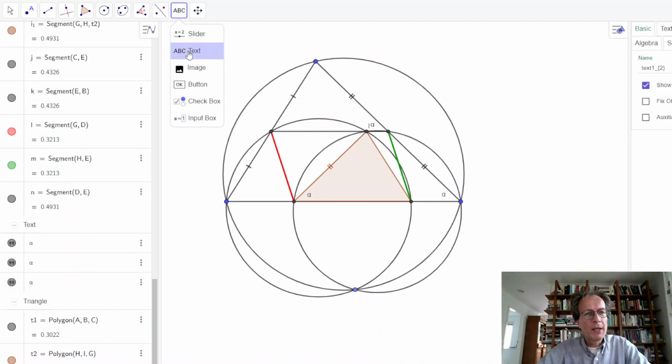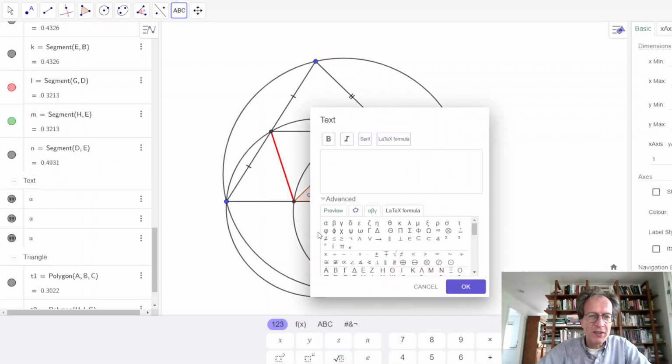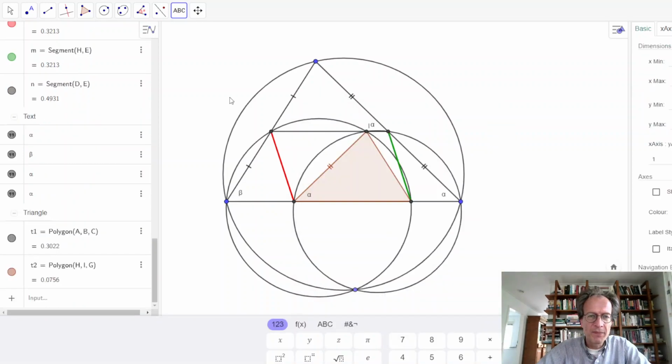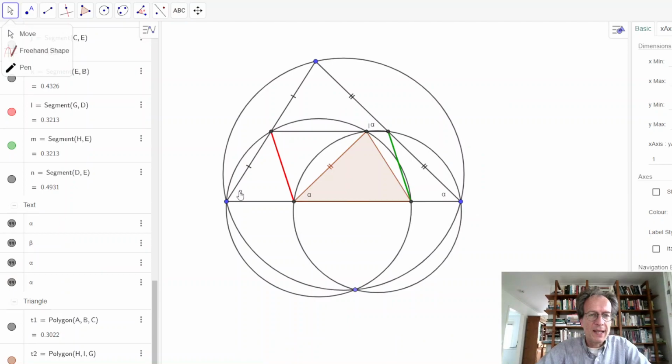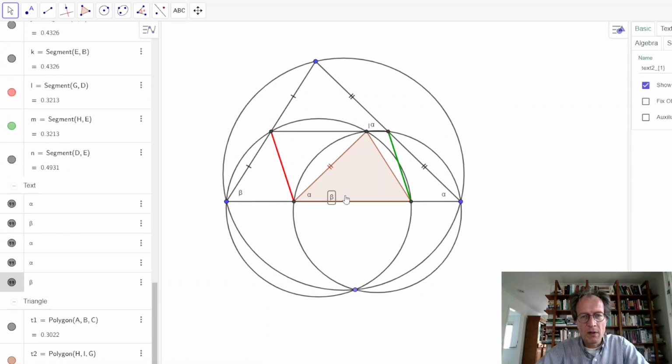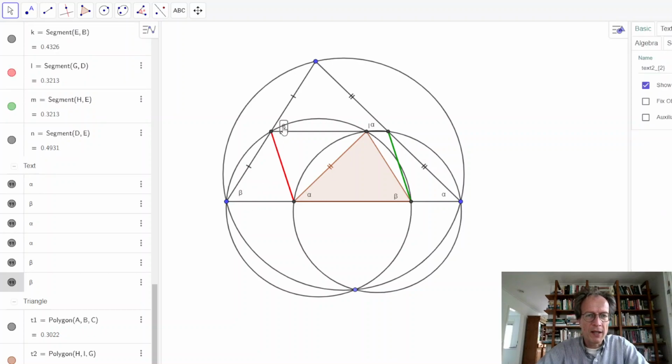Now, exactly the same we can do on the left. We have here again an isosceles trapezium, and therefore this angle beta is also over here, and because again of the parallel lines, is also over here.